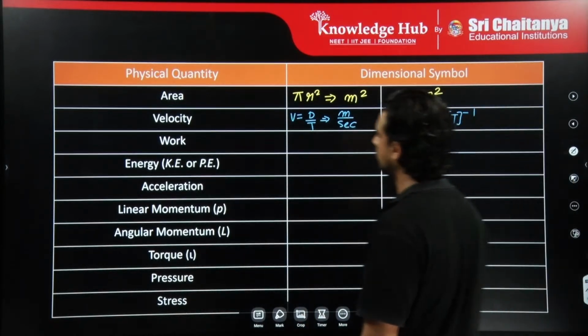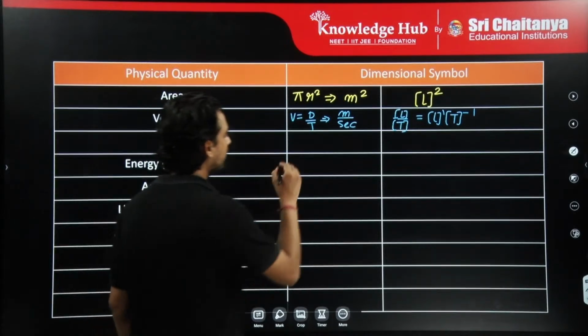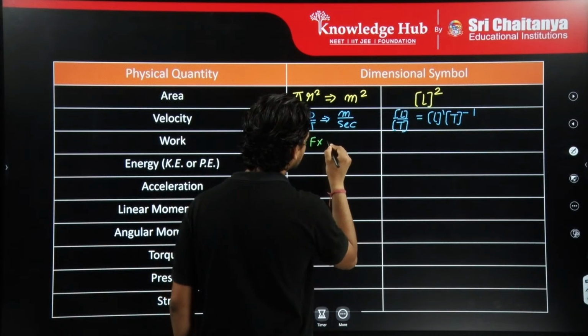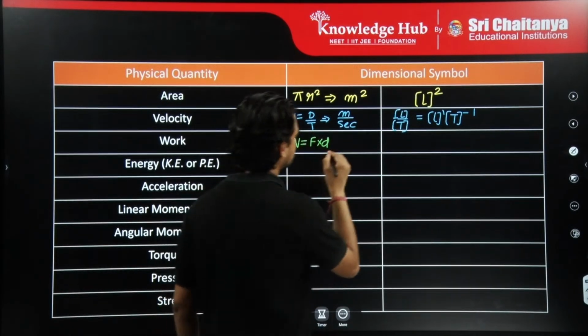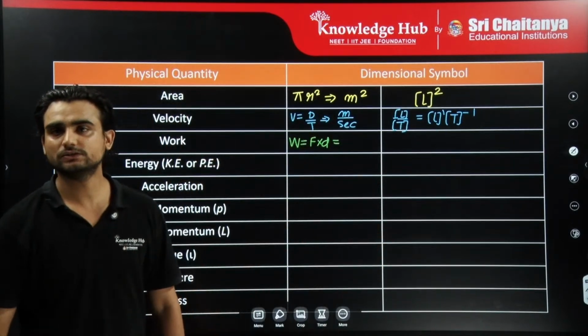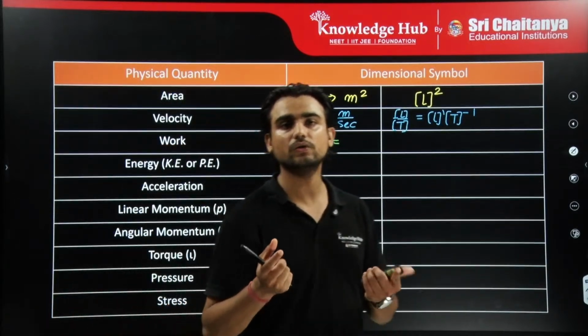Let's find it for work. The formula I remember for work is force into displacement, right? So what is the formula for force? For force, I don't know the unit in fundamental terms.